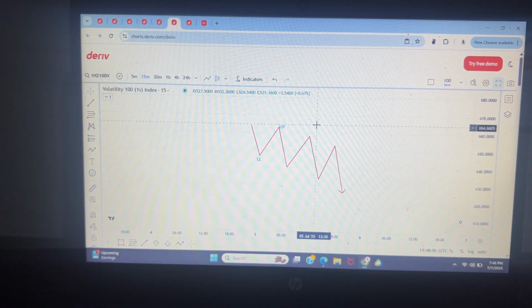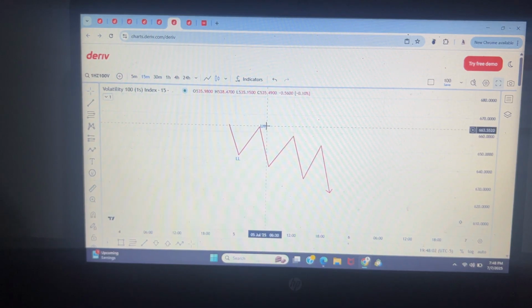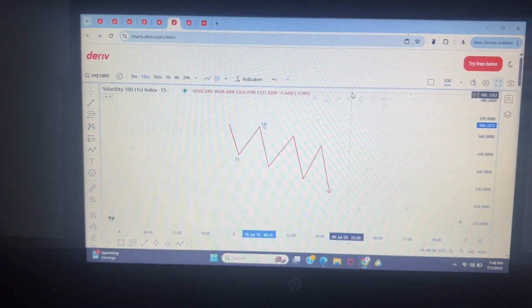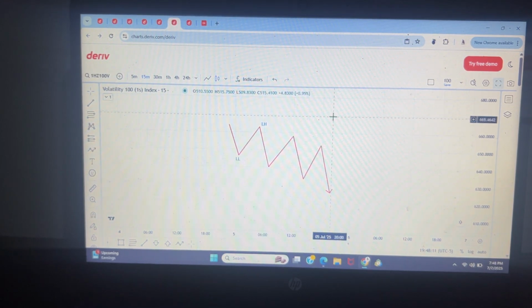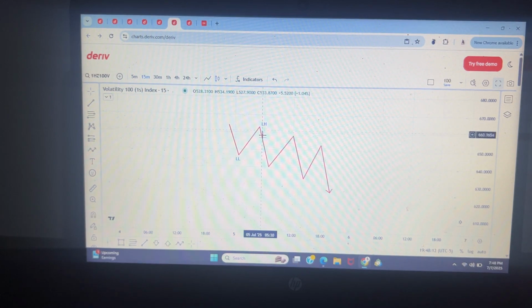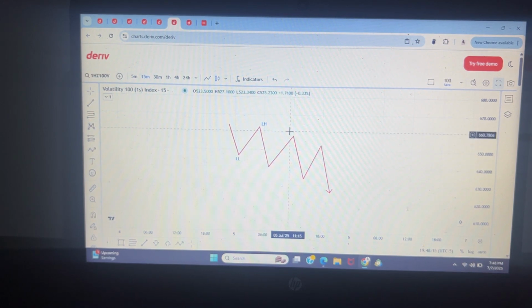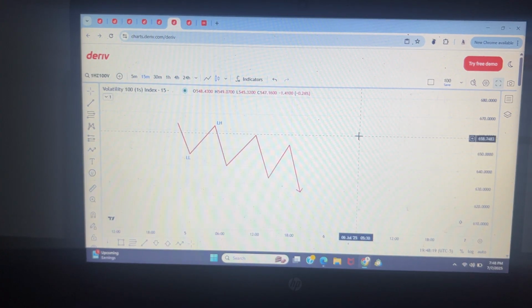Maybe a few of them this time, but you guys get the gist: lower highs and lower lows.